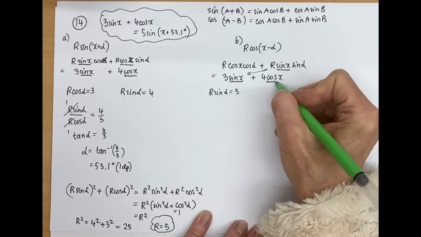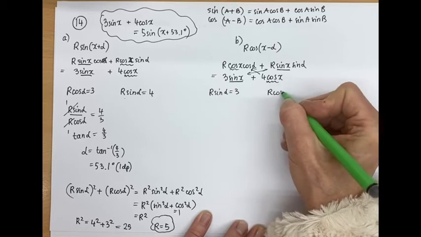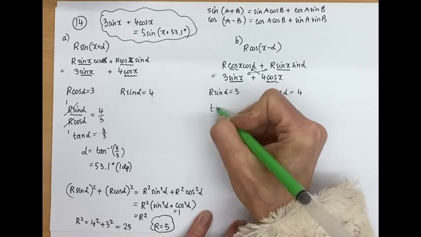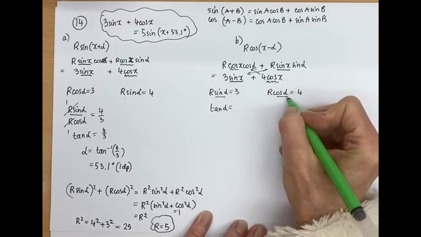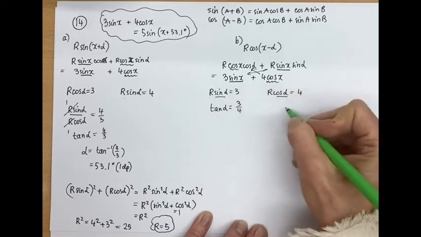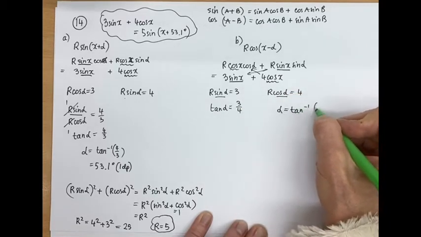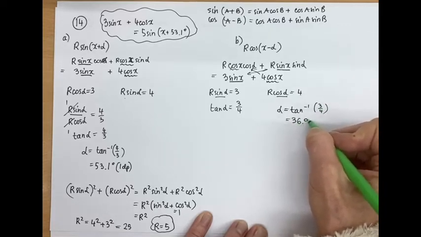And if I compare this with this, I'll be getting r cos alpha equal to 4. So tan alpha is going to be sine over cos, so it's 3 over 4. So alpha is equal to tan inverse of 3 over 4, and this time it's 36.9 degrees.